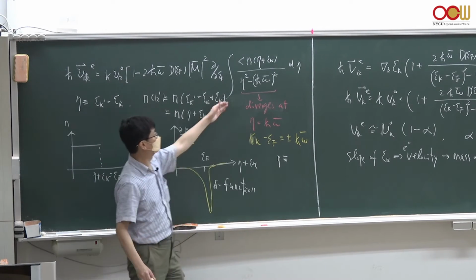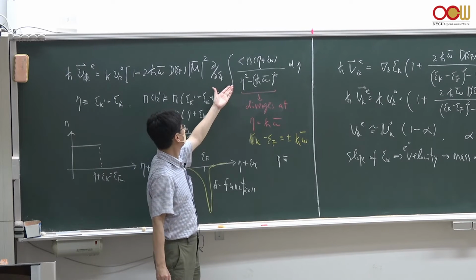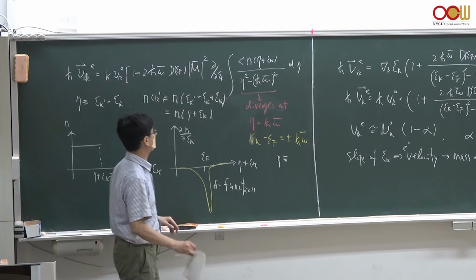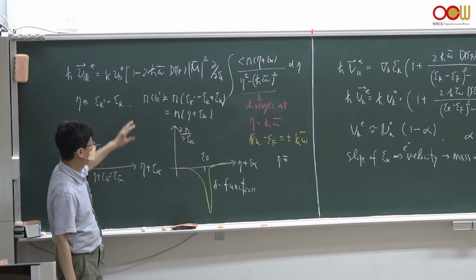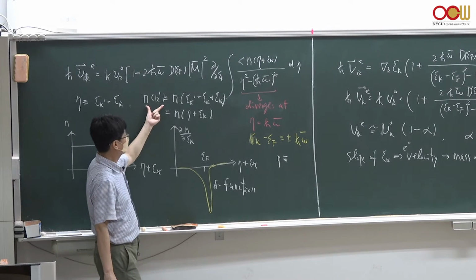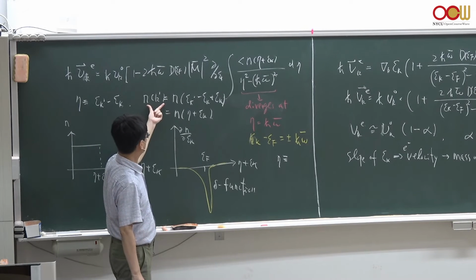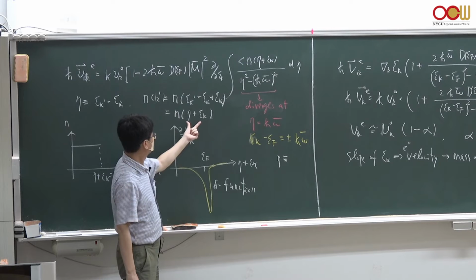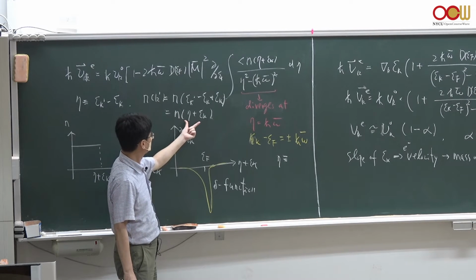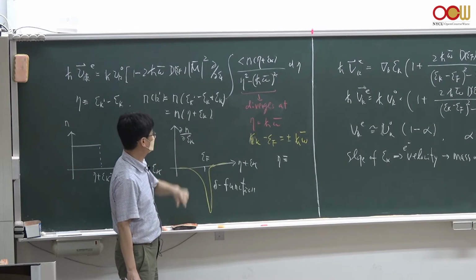After this integral over eta, we need to take the derivative of this integral with respect to epsilon k. With the help of this change of variables, the Fermi function n of epsilon k prime can be rewritten in terms of the Fermi function of eta plus epsilon k.